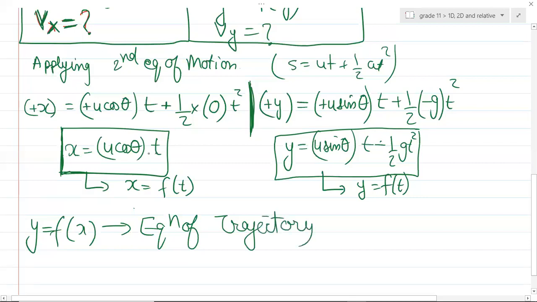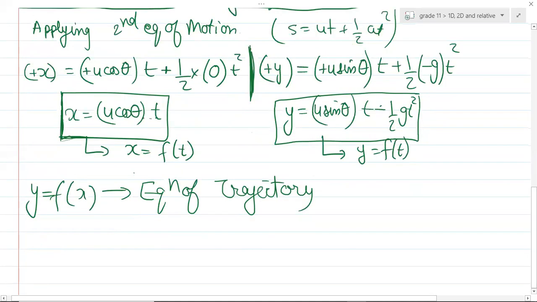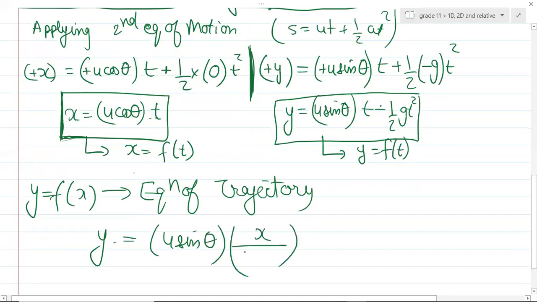Time will be equal to x upon u cos theta from equation number 1. Can I put that over here?